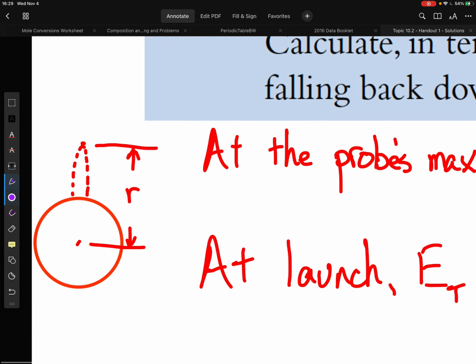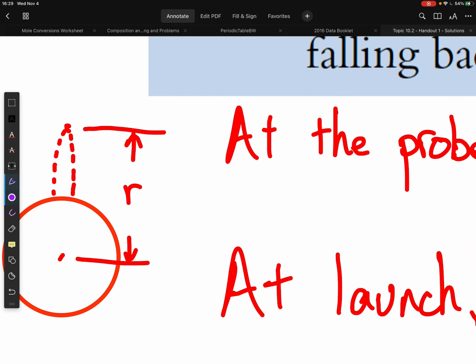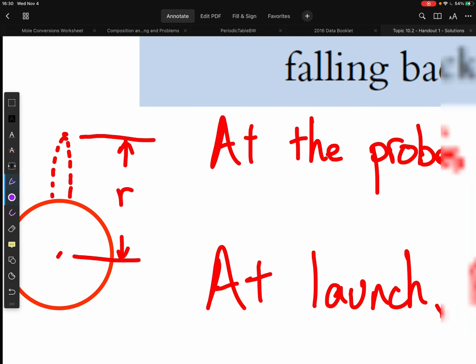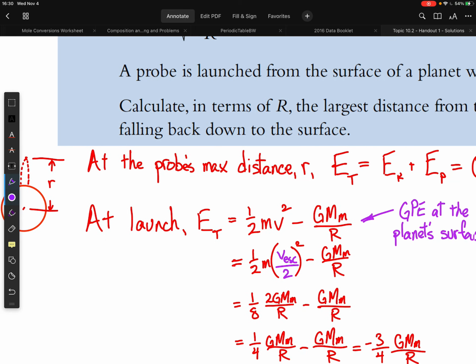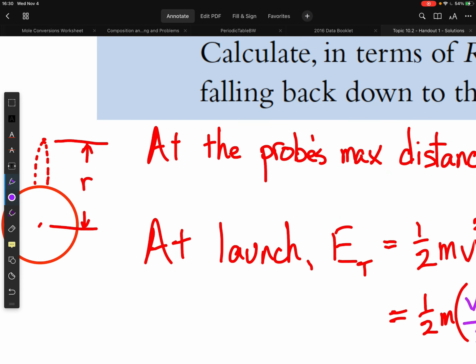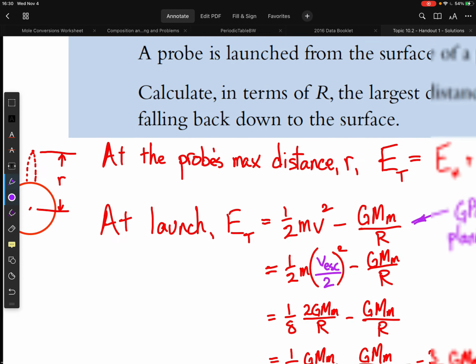Okay, so here's a little diagram that I drew just to show the parabolic path that we would expect our probe to take, and its maximum height then will give the distance from the planet.